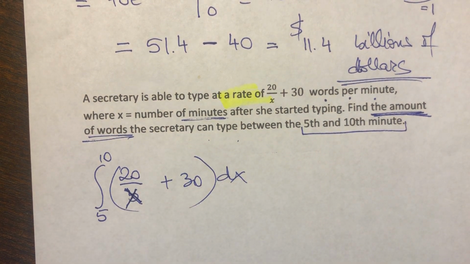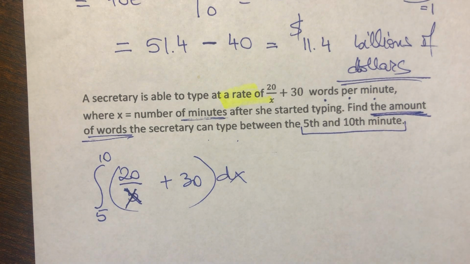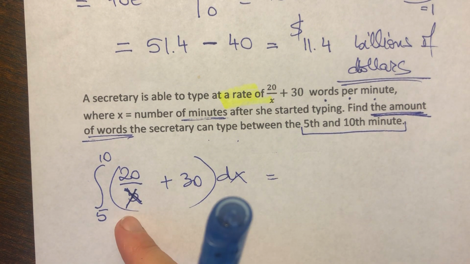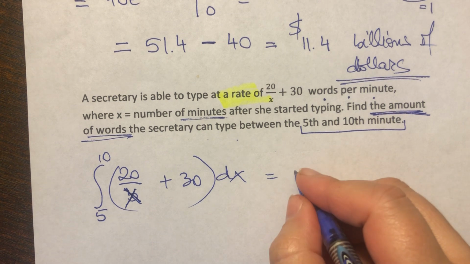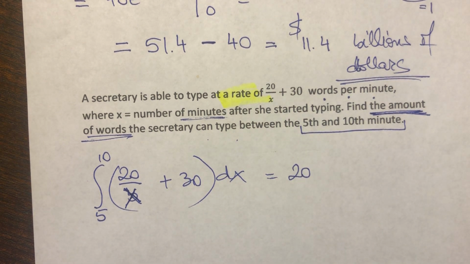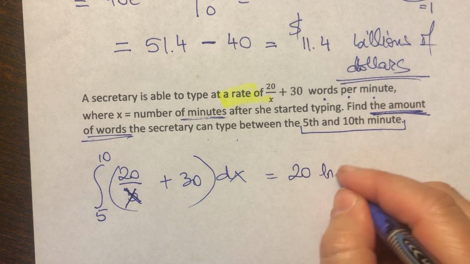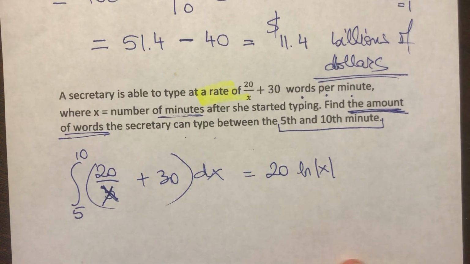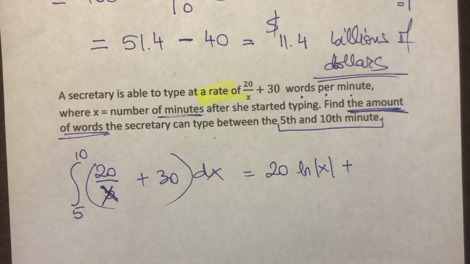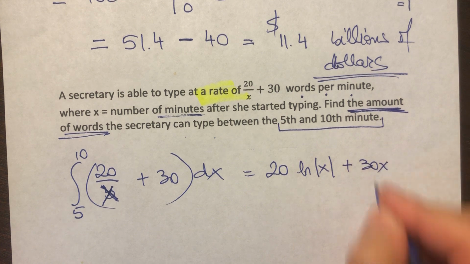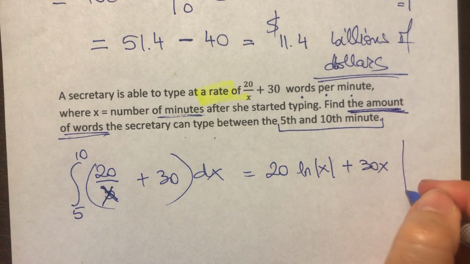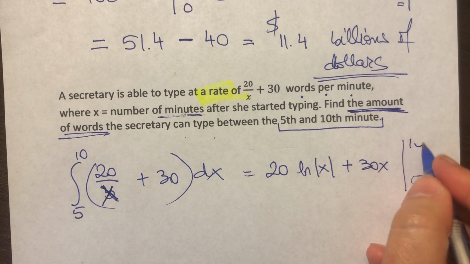And again, the name of the variable changed to x. I'm going to call it dx. Okay. Find the antiderivative. What's the antiderivative of 1 over x? That's ln of the absolute value of x. Plus, antiderivative of 30 is 30x. Plug in a 5 and plug in a 10.